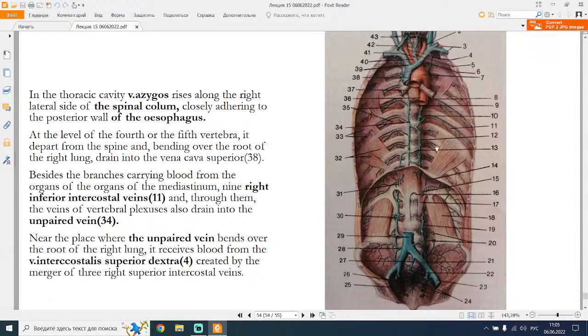Besides, the branches carrying blood from the organs of the mediastinum, right inferior intercostal veins, and through them the veins of the vertebral plexus drain into the azygos vein.